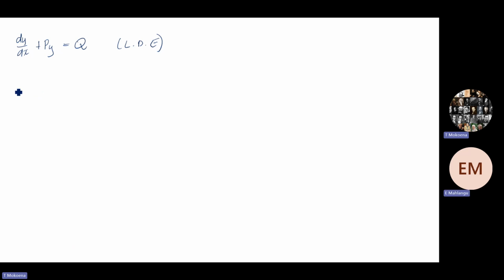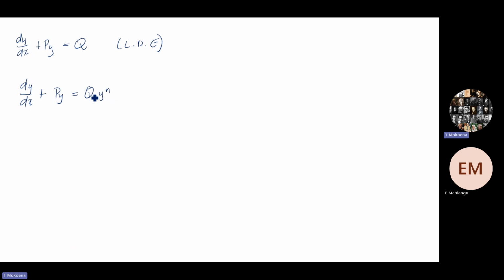So when you talk about the standard form for Bernoulli, it's going to look like this. When we talk about the Bernoulli ordinary differential equation, it's going to look like this. It's when we have its standard form, dy over dx plus py. You see, it kind of looks like linear, but the problem is going to be this side, q multiplied by y to the power of n.